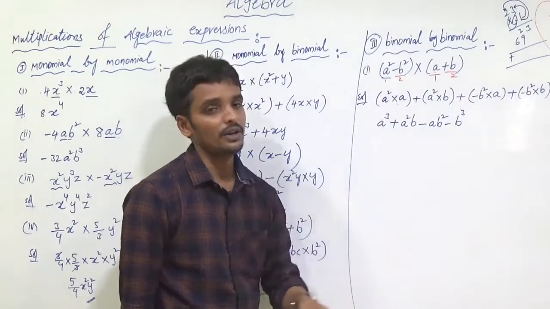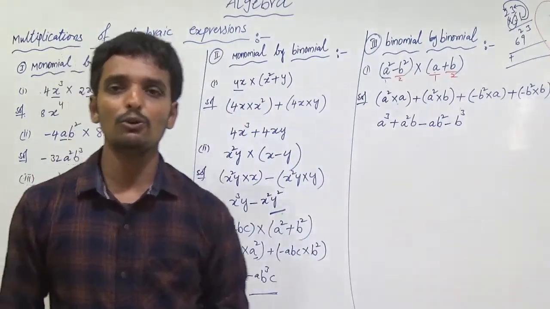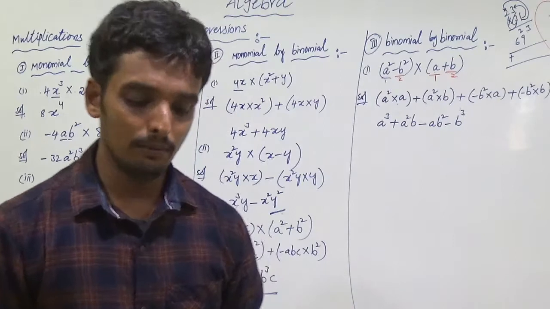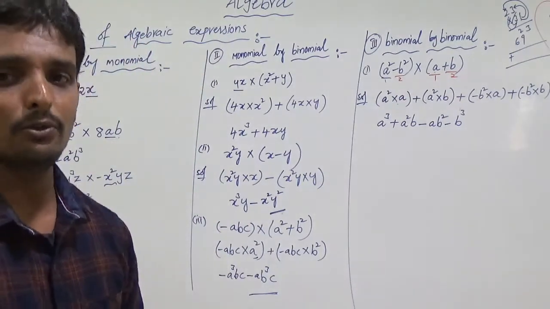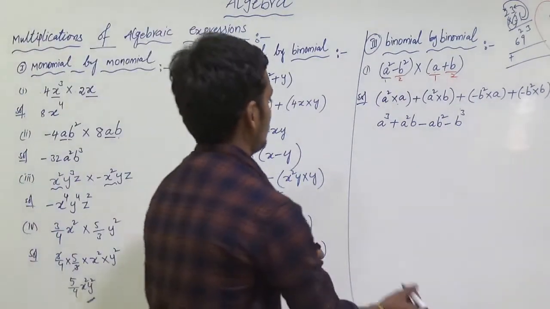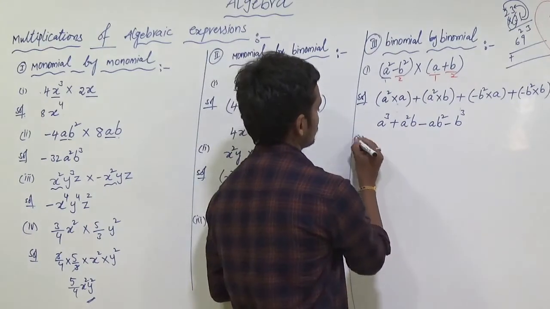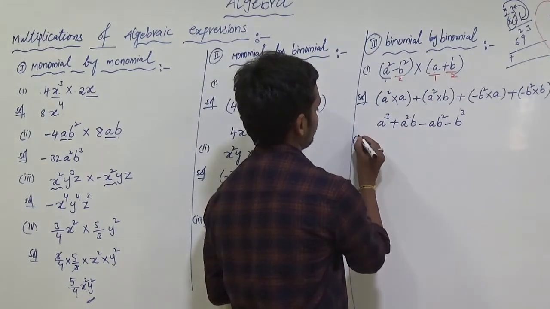This is the way of multiplication of binomial by binomial. So we will discuss some more formulas.